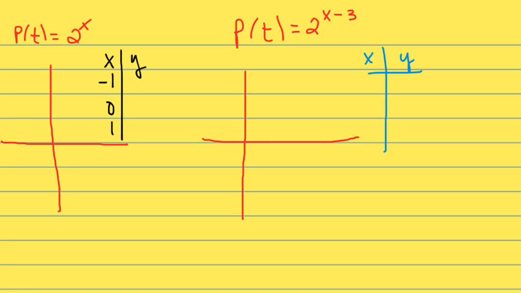The first one's going to be P of t equals 2 to the x. And I want you to graph the other one, P of t equals 2 to the x minus 3. Just for practice, I want you to draw both of these graphs in the way that we did on Friday.